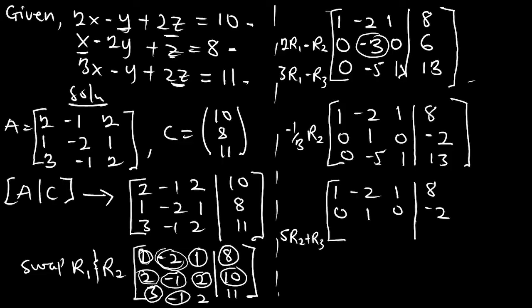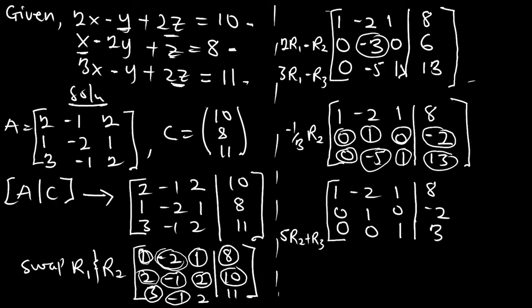So 5 by 0 plus 0, this is 0. 5 by 1 plus negative 5, and that is 0. 5 by 0 plus 1, and this is 1. 5 by negative 2 plus 13, that is going to give us 3 this way.